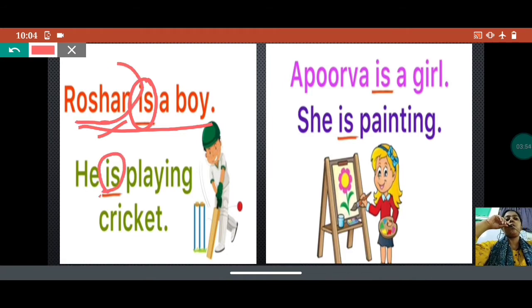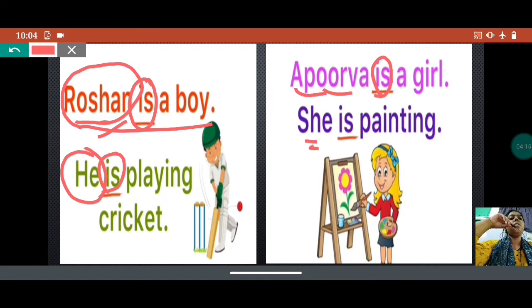Whether we use a proper noun or a pronoun, for singular nouns we will always use is. Apurva is a girl. See, is is used with Apurva. Why? Because Apurva is a singular female person. She is painting. Now she is the pronoun for Apurva. Okay, she is used for a female singular noun. So she is painting.